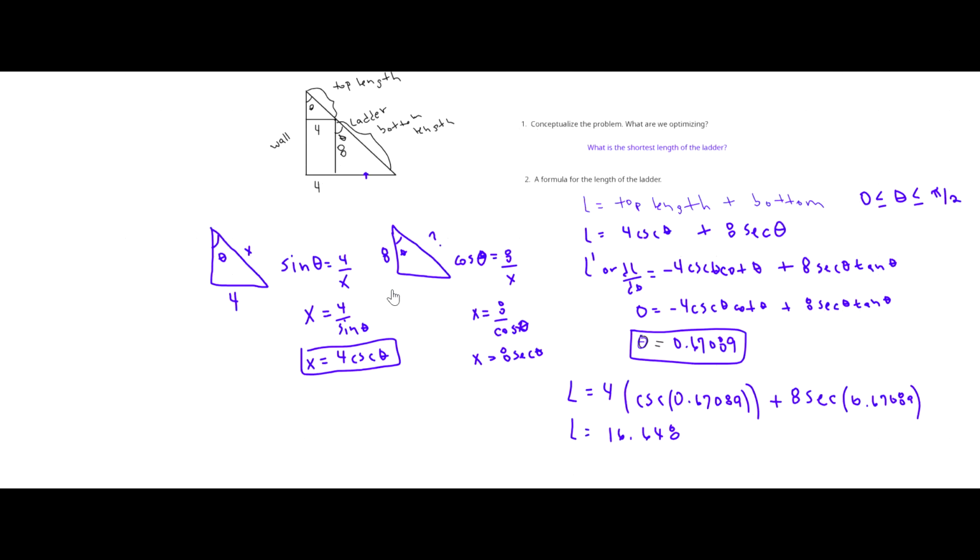The key piece, where we kind of went off, would be to use the extra information, that it was 4 feet away and the ladder was 8 feet tall, to write the formula in terms of one variable, which was for this case an angle, which didn't even have to do really with the problem, but it was the connective tissue that got us there.